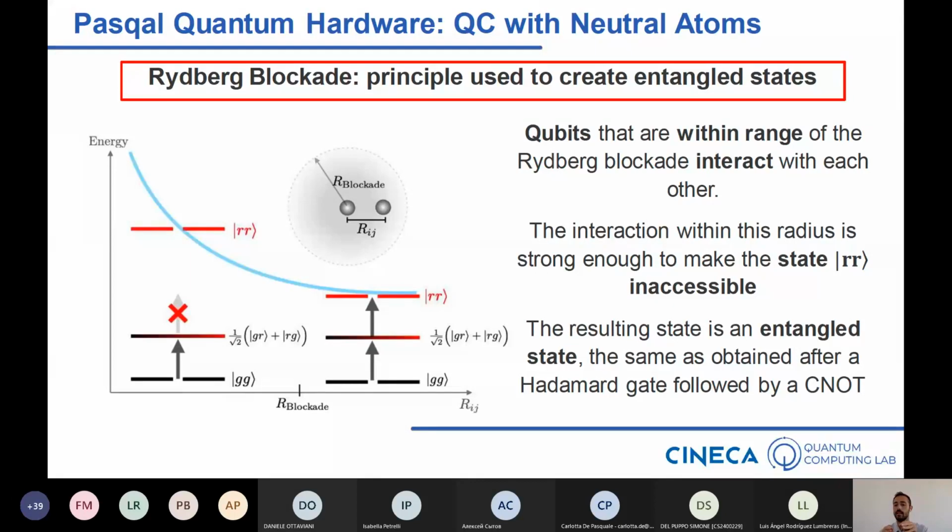The tweezers are different lasers that govern the position of the atoms, so you can simply move the tweezer, and by consequence the atoms, the qubits, will get closer. You know from the beginning the exact position of all the atoms.